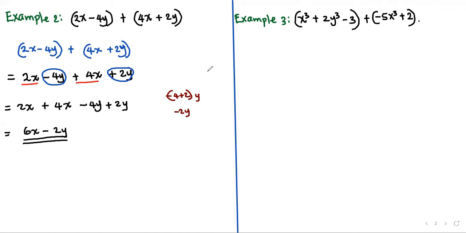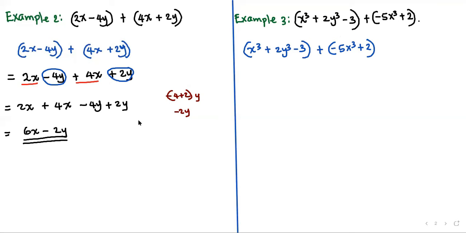Okay, so let us rewrite it as x cubed plus 2y cubed minus 3 plus negative 5x cubed plus 2.